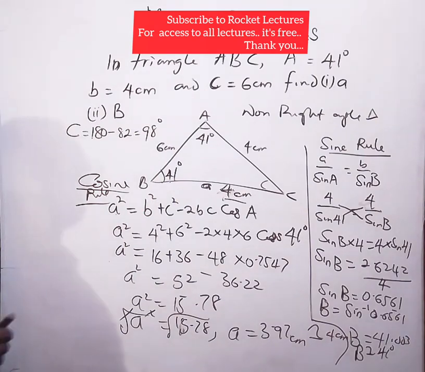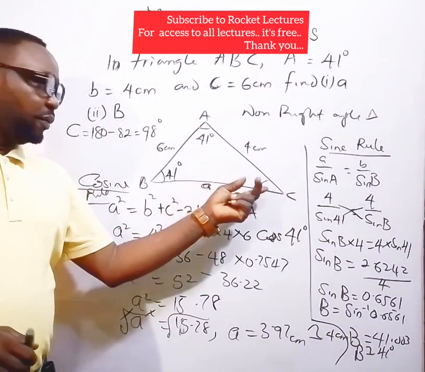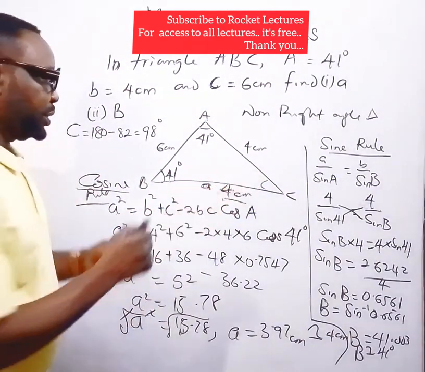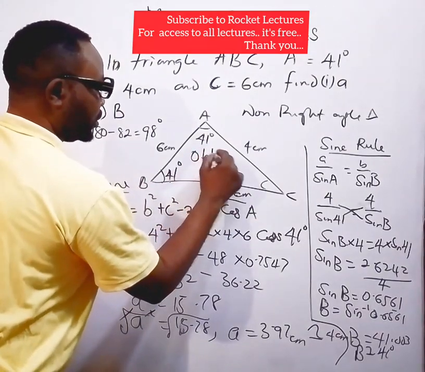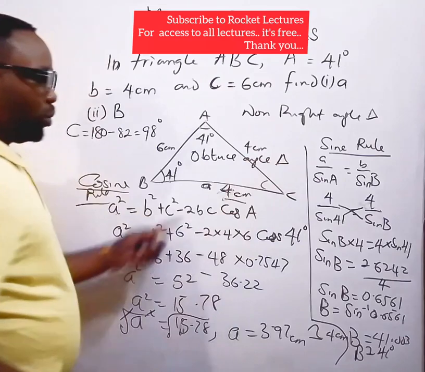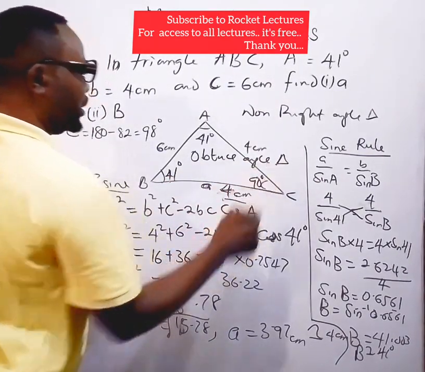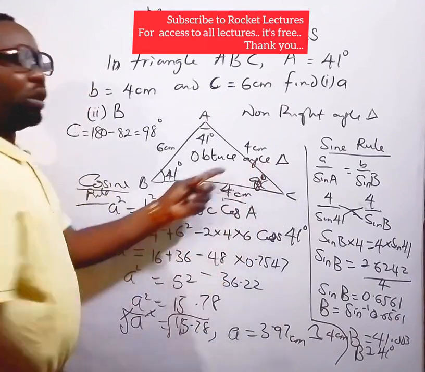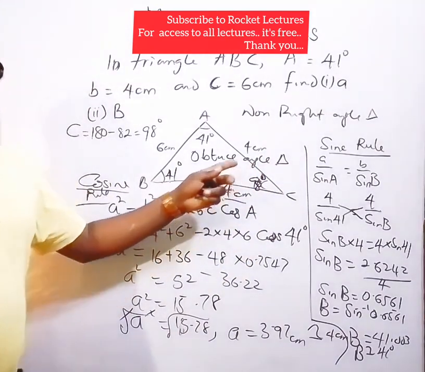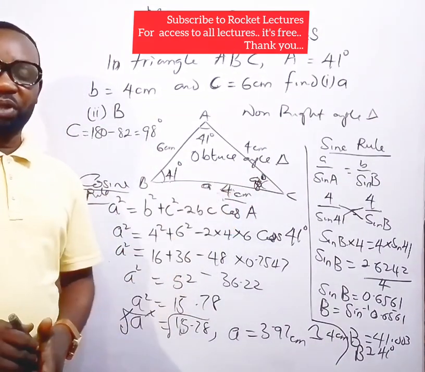Now, what kind of triangle is this? This is obviously an obtuse angle triangle. Why? One of its angles, 98 degrees, is greater than 90 degrees. So that is why it is an obtuse angle triangle.